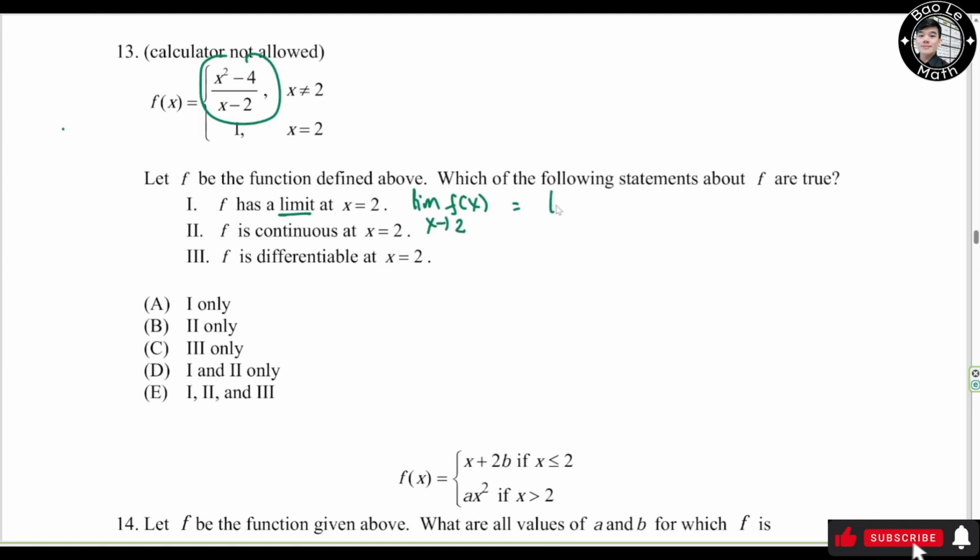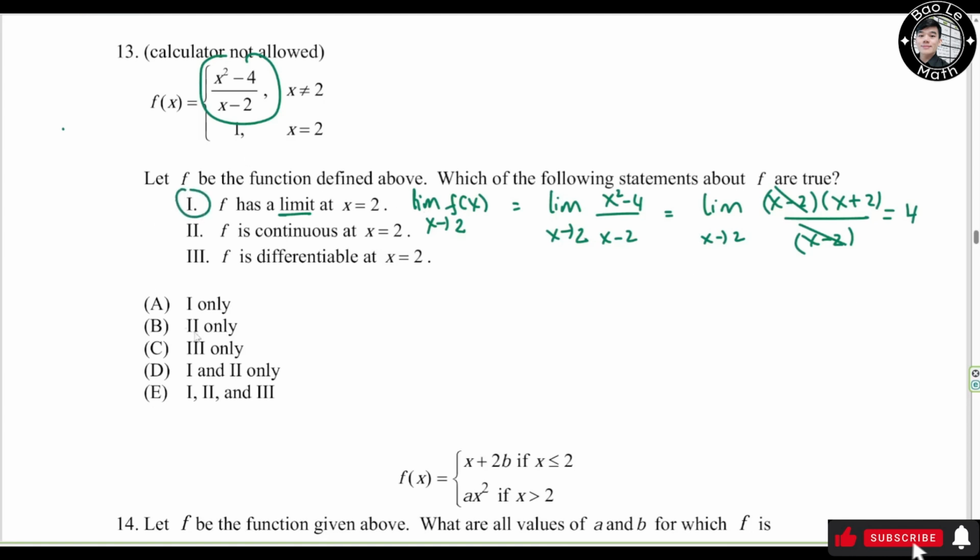It's going to be the limit of (s squared minus 4) over (s minus 2) when s approaches 2, right? And it's going to be the limit when s approaches 2. Factor the numerator: (s minus 2) times (s plus 2) over (s minus 2), right? This guy cancels out. Substitute 2 for s, it would be 4, right?